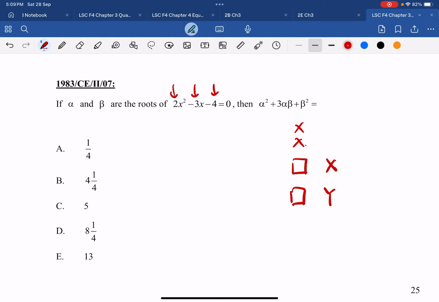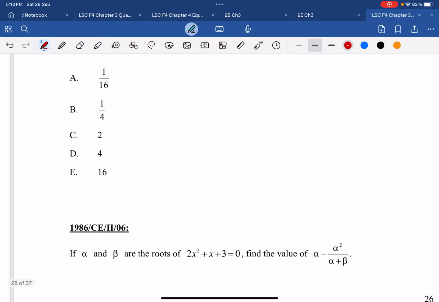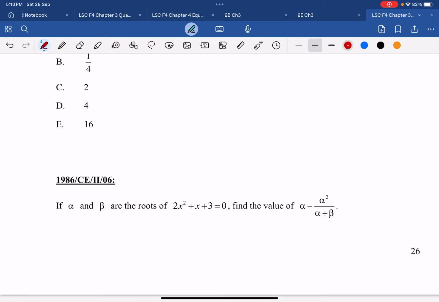You exit the program first, and then you press X squared plus 3XY plus Y squared, then it will give you the answer of A. Every question is done like this. So maybe you can try it on your own as well, and check the answer on your own. This one is also A.